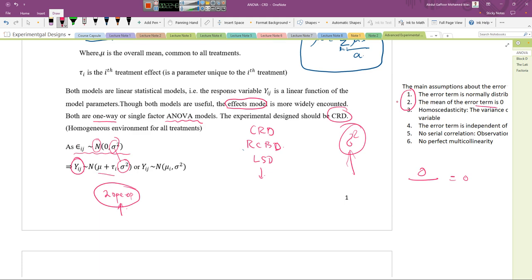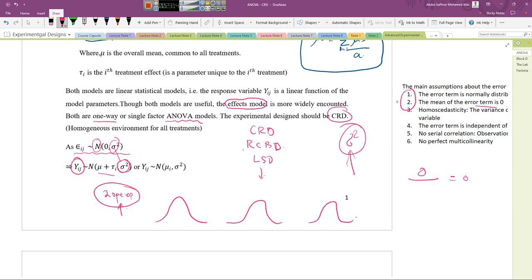Each group has its own normal distribution, and we assume equal variances for all groups. That is one of the assumptions for the CRD method. That's why we put sigma squared, and the same variance applies for the error term also.